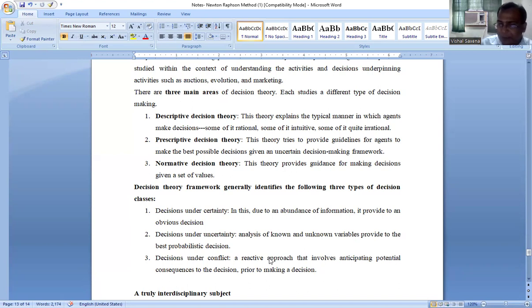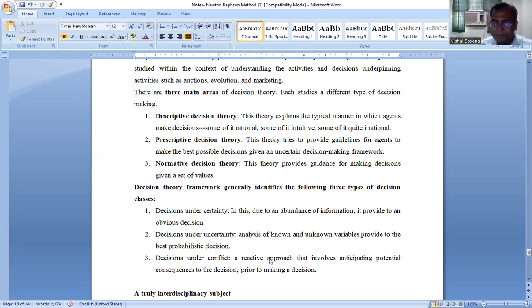Second is decision under uncertainty. Analysis of known and unknown variables provides the best probabilistic decision. In this condition, when decisions are made under uncertain conditions, the analysis of known and unknown variables provides the best probabilistic decision.